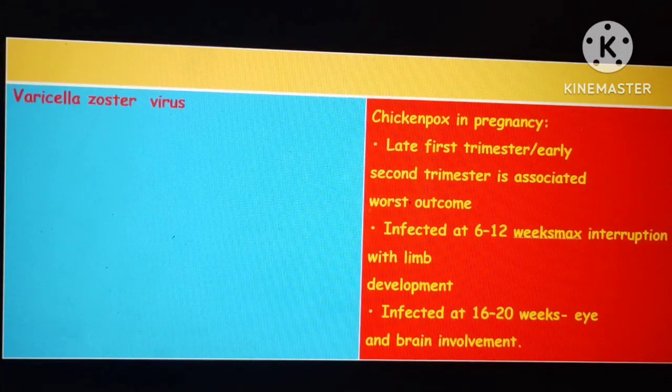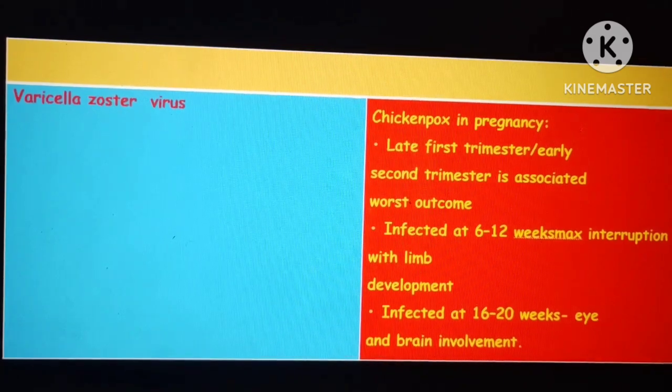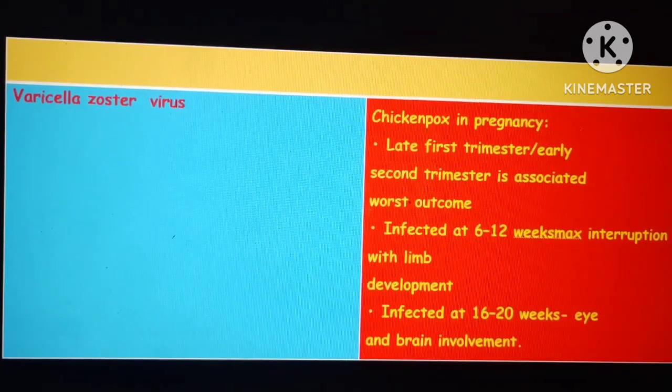Coming to chickenpox in pregnancy, if infection occurs in the late first trimester or early second trimester, transmission is very severe. If the infection is between 6 to 12 weeks, it may affect limb development, so there will be limb hypoplasia.